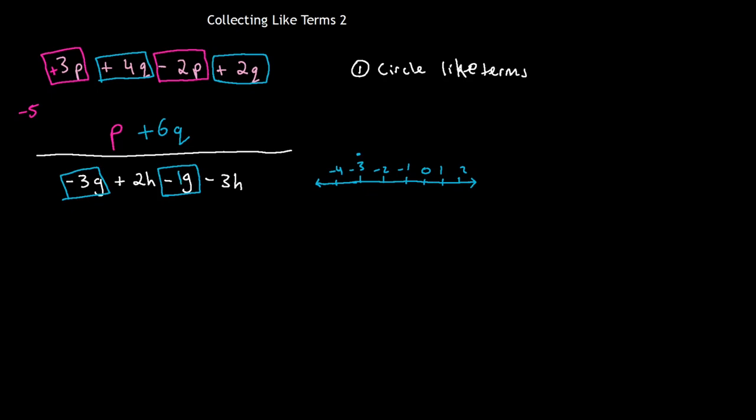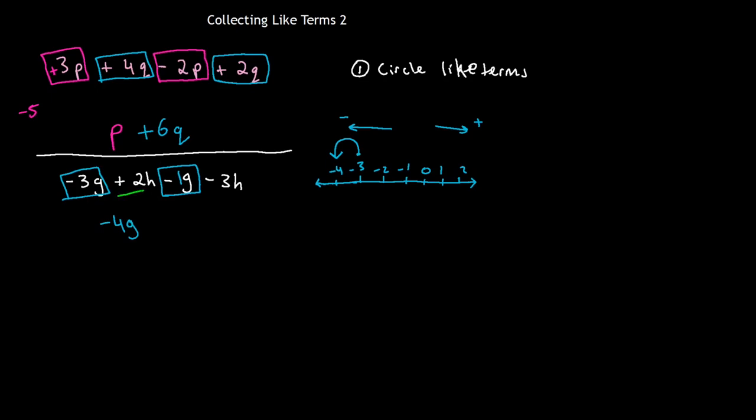If it doesn't have a number, it's always going to be 1, because it's just 1 g. So take away 1, I'm going to go to the left once, because that is the negative direction, and this way is the positive direction. So minus 3 take away 1 is minus 4, so we're going to have a negative 4g.